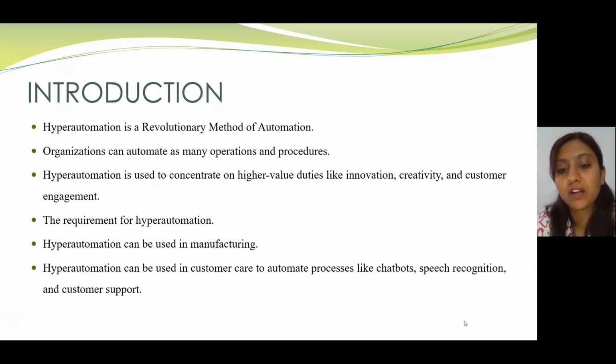Organizations can automate as many operations and procedures as they go through hyperautomation, freeing up human workers to concentrate on higher-value duties like innovation, creativity, and customer engagement. The requirement for hyperautomation results from the need for more efficiency, agility, and scalability in the modern digital economy, as well as growing demand for digital transformation.